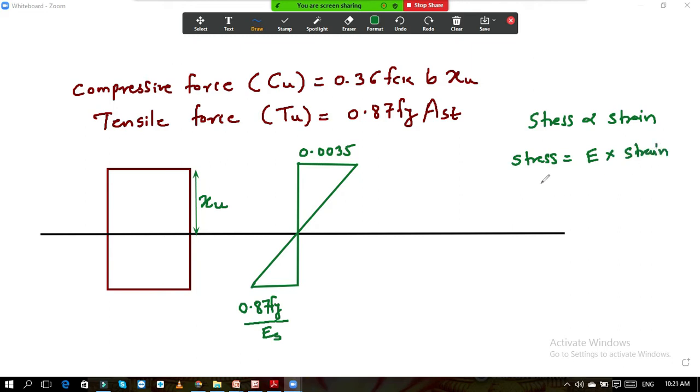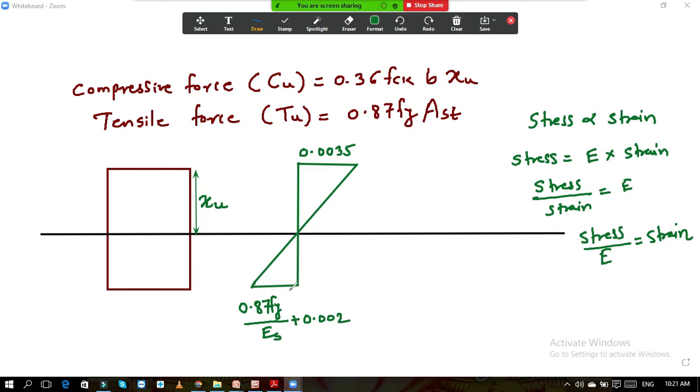So if we divide the stress by strain, then we will get the value of E. And if we do reversal, if we divide this stress by Young's modulus, then what value we will get? We will get the value of strain. Okay, so 0.87 Fy is nothing but the stress in steel divided by Young's modulus of steel, that is the strain, plus 0.002.